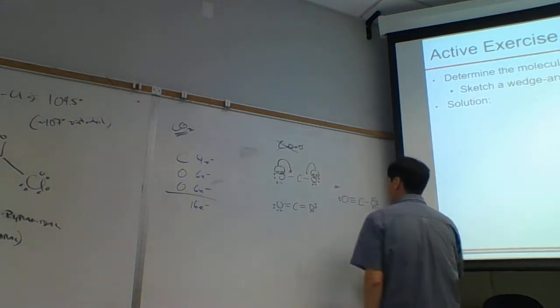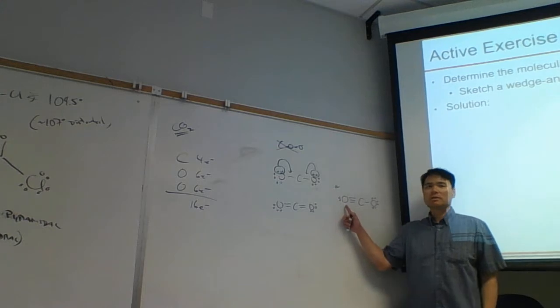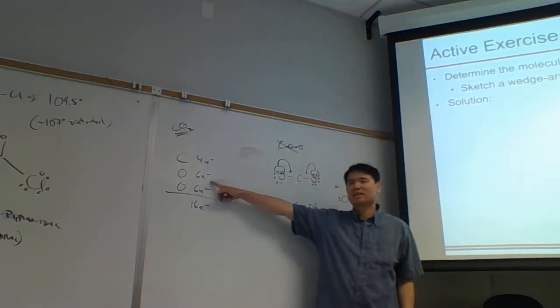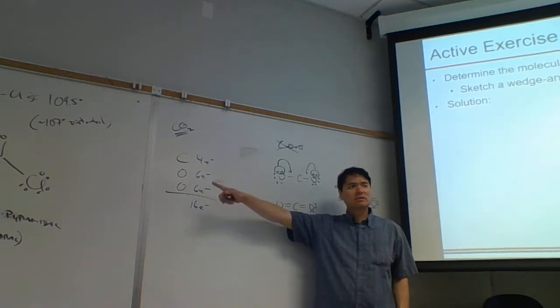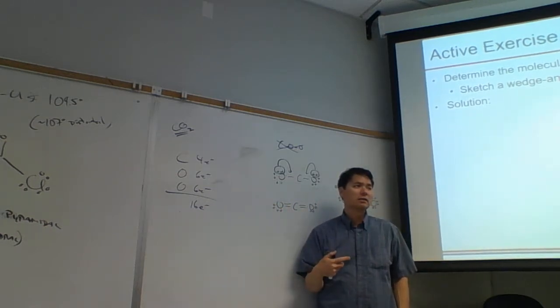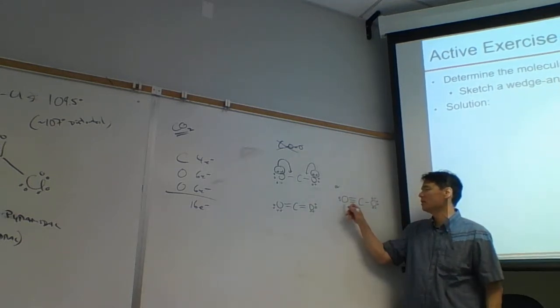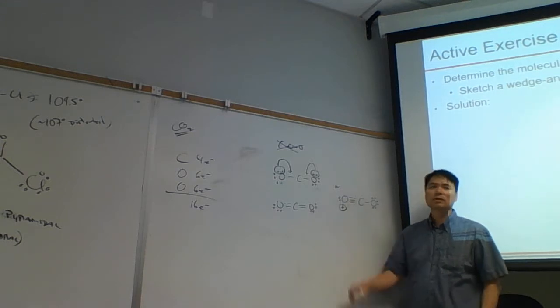How about the formal charges over here? What's the formal charge on this oxygen? Well, this one has 5, but it put in 6. If it puts in 6 and it only gets 5 back, then it's short 1 electron. If it's short 1 electron, do we call it positive or negative? Positive. Short 1 electron.